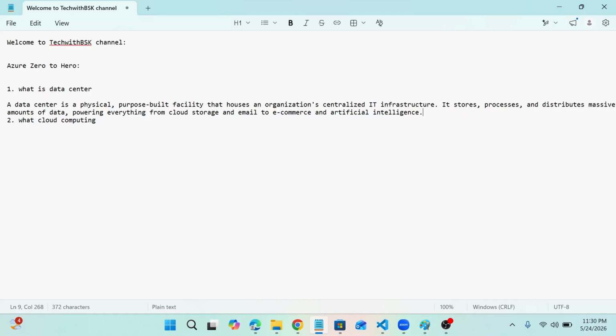It is a centralized IT infrastructure with multiple physical servers, where we have storage, network switches, and power and cooling, and we also take care of our electricity, everything.